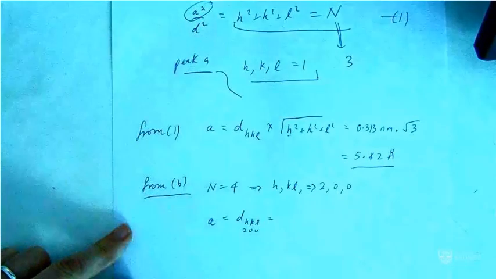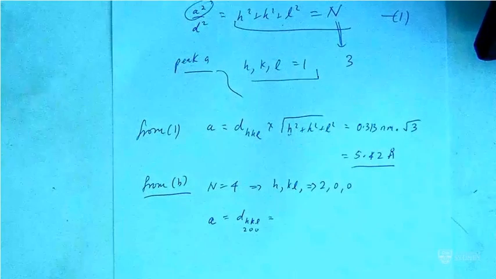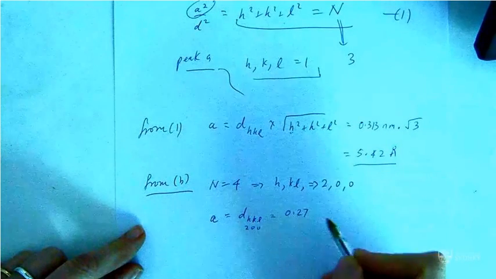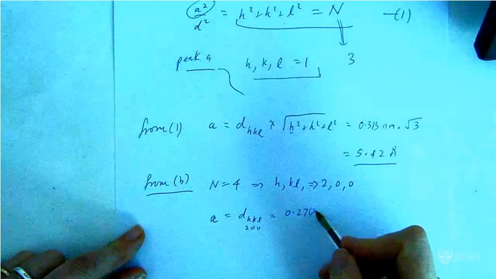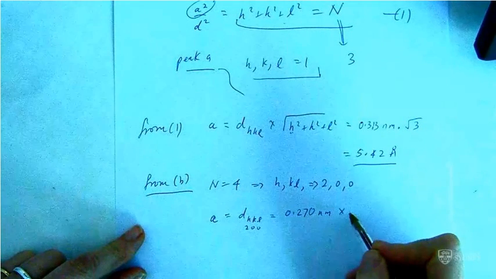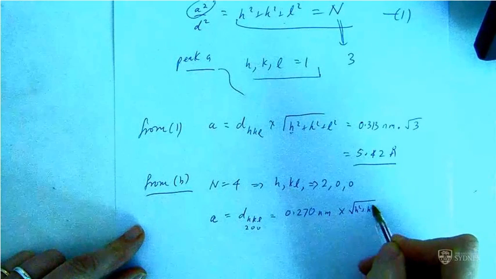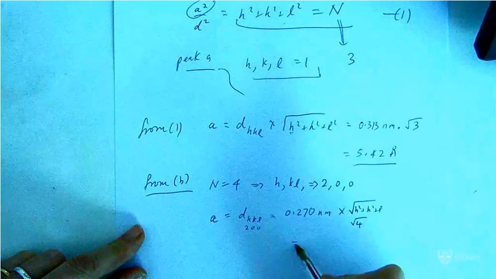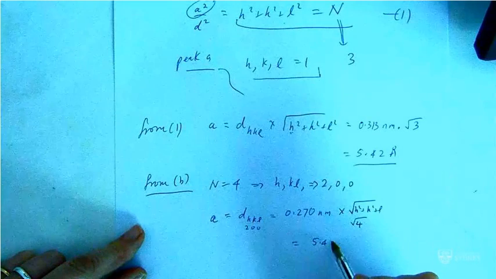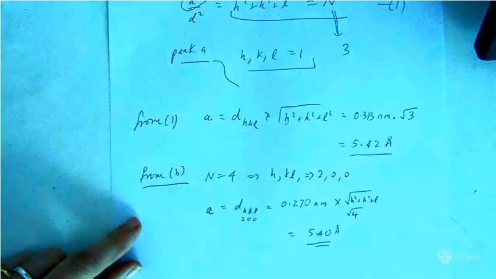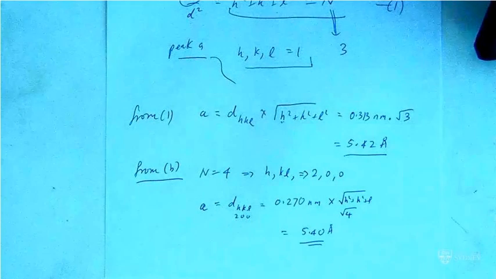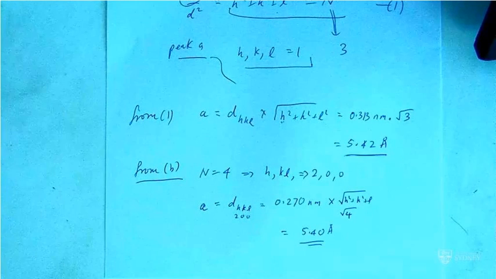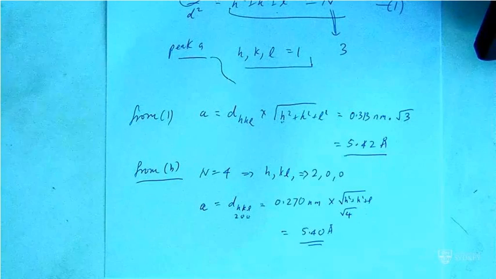We had 0.270 nanometers, multiplied by the square root of h squared plus k squared plus l squared, which was just the square root of 4. And then you get 5.04 angstrom. Okay, so it's very similar to your result from the first peak. Okay, and the difference between them will give you some estimate of your experimental error.